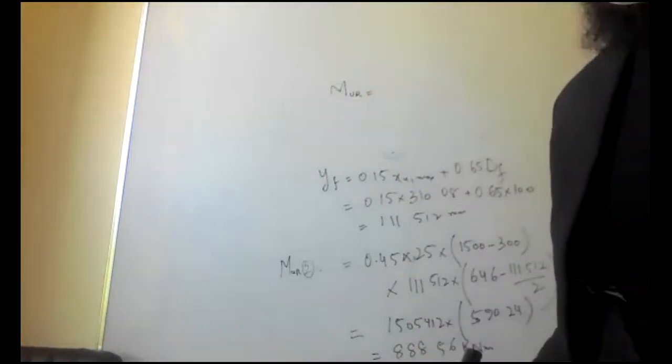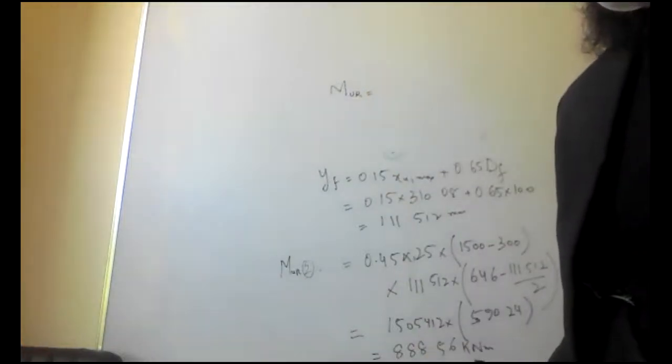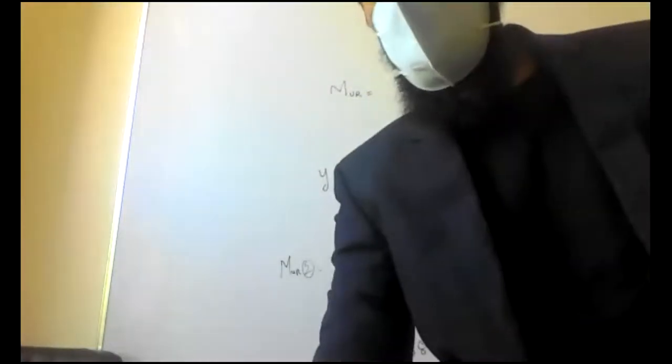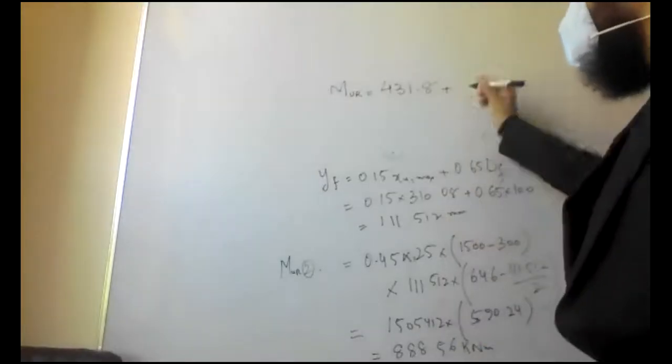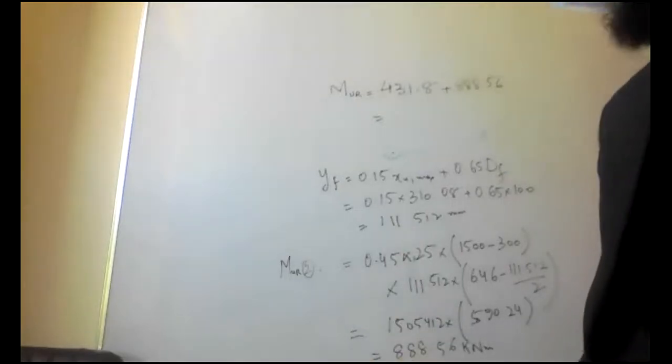Part 1 was how much? 431.8, and part 2 is 888.56. So total is how much?